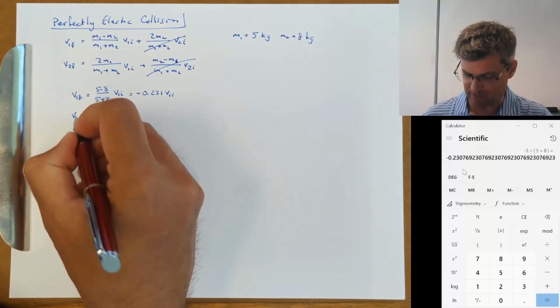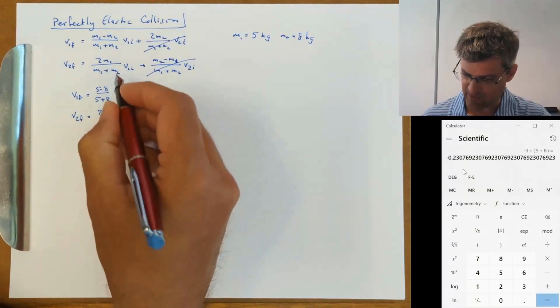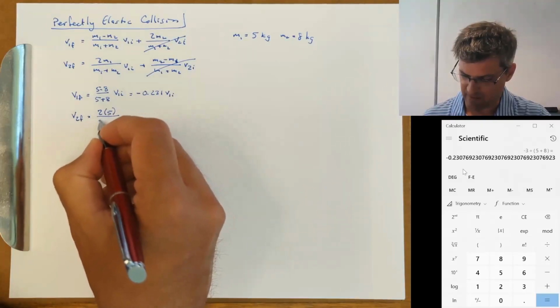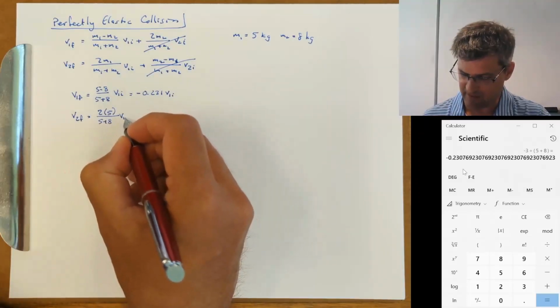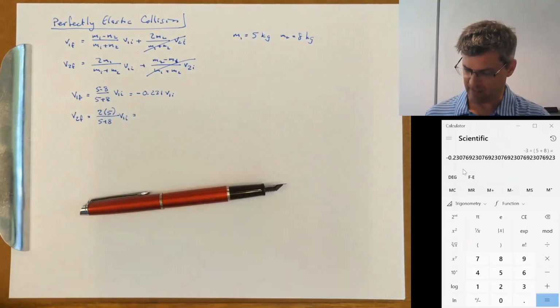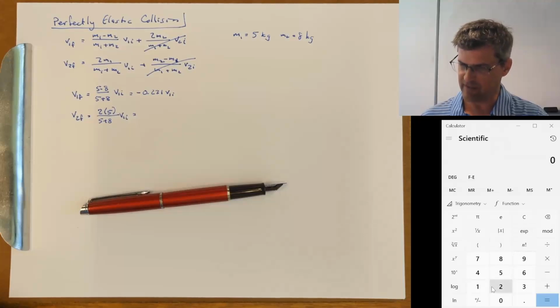Obviously, once we know this, then v2 final is going to be 2 times 5 over 5 plus 8 times v1 initial. This is what, 10 divided by 13?